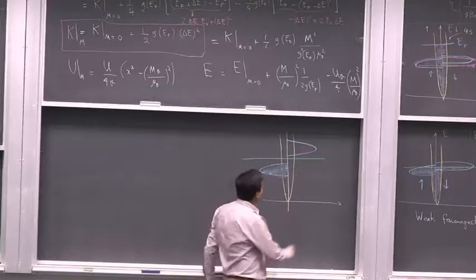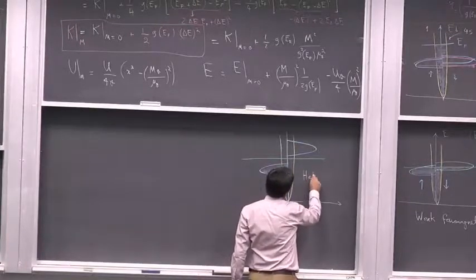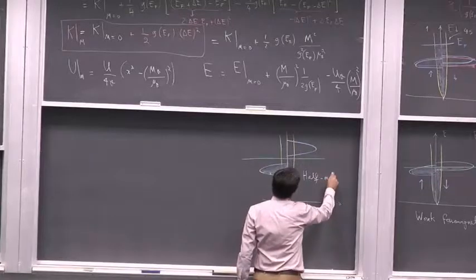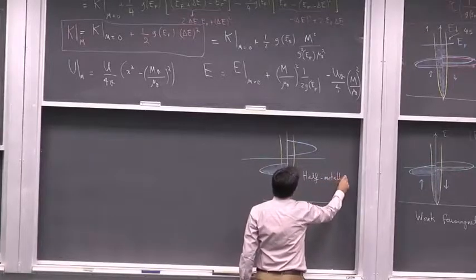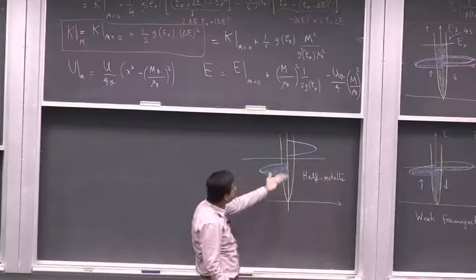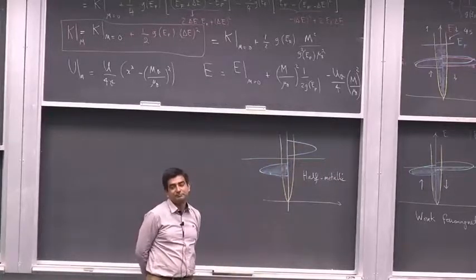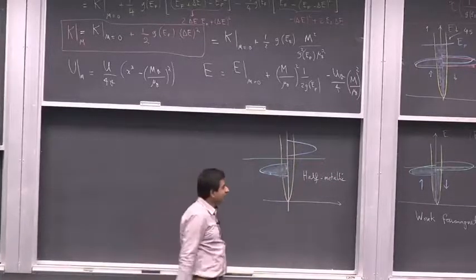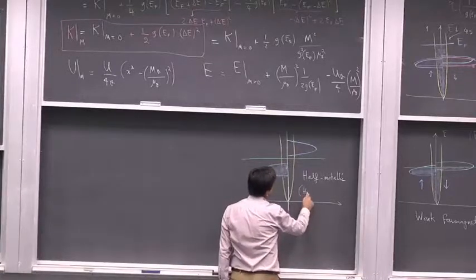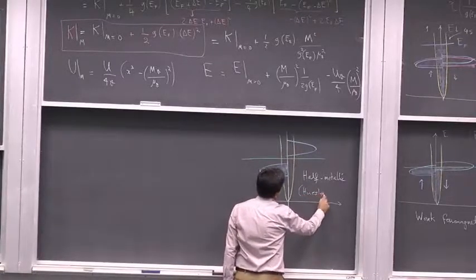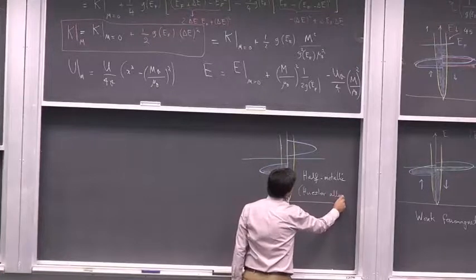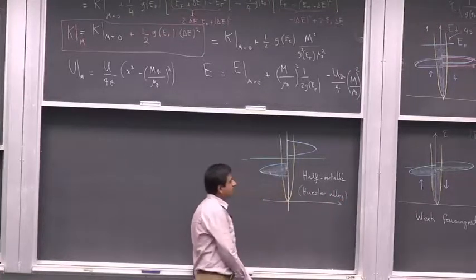Such a material is called a half metallic material, in which you have perfect spin polarization. You only have spins of one kind, you don't have spins of the other kind at all. Alright? It's also called a Heusler alloy, a perfect ferromagnet.